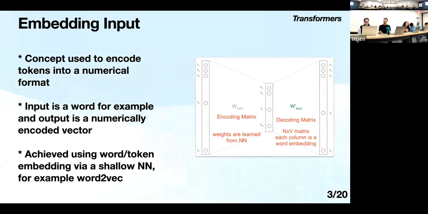So we need to encode this and pass it into the transformer. Some embedding techniques are like word2vec, where the input is a word and the output is a numerically encoded vector. These types of word embeddings work with a shallow neural network.